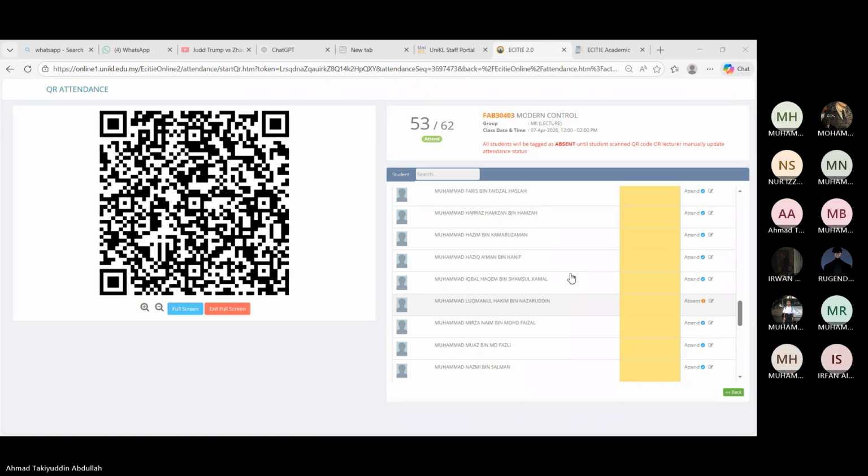Sir, saya nak inform ada seorang student Azam Azhar, dia accident. Oh, siapa tu? Sekarang ada kat ambulans ke hospital, saya pun tak tahu. Siapa nama dia? Azam bin Azhar. Sebab ada student control pun yang accident ni.